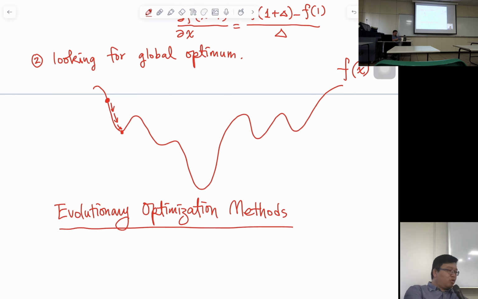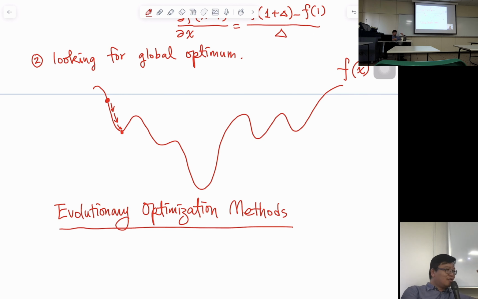Okay? So the way when they use evolutionary is because they usually try to learn from the nature and see how nature evolved from one kind of species or object and evolved to something different.